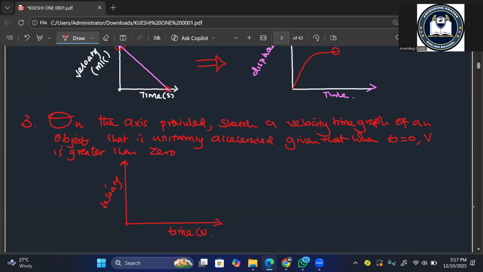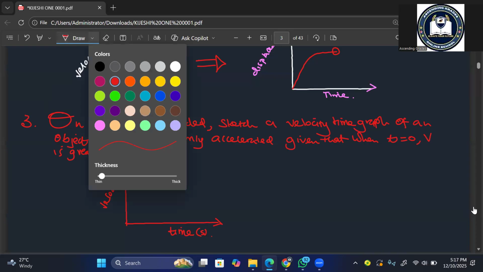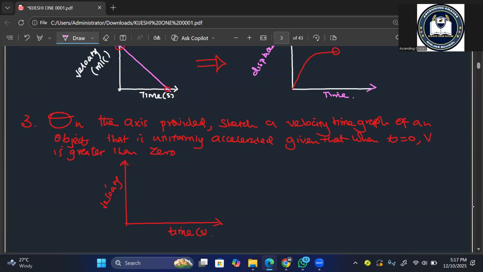So we're supposed to give a solution for the same. We are just told that the body is accelerating, meaning that we just need to have an increase in velocity against time. But we are given a condition that at time zero, then velocity is greater than zero.